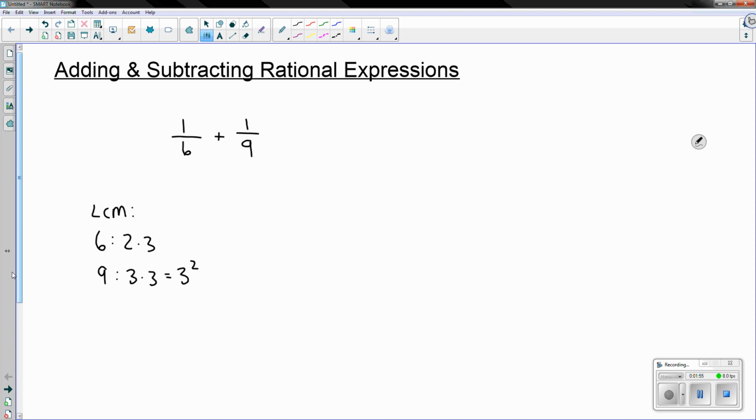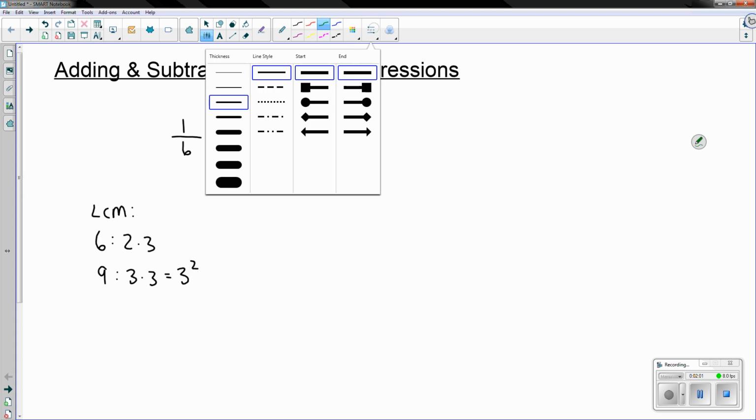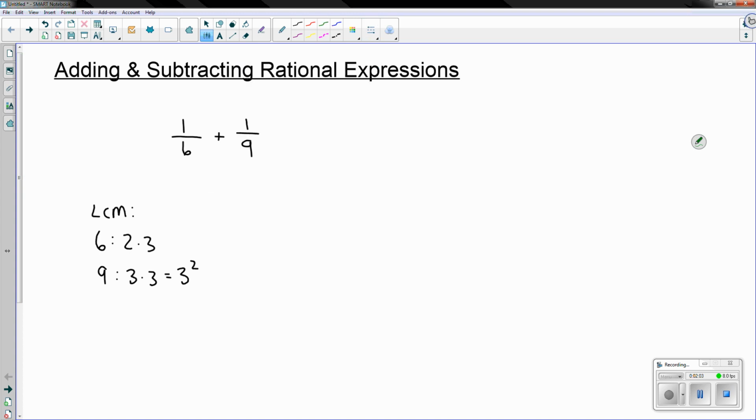To identify the least common multiple, we compare the factorizations. Upon comparison, we look to identify uncommon and common factors. Any uncommon factors must be included in the least common multiple. When I compare the two factorizations, I notice one of them has a 2 and the other doesn't. So I would consider that uncommon, and therefore it must be included.